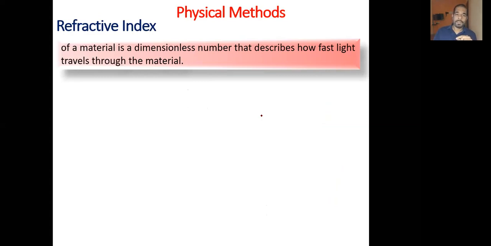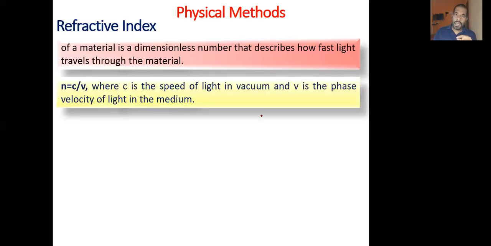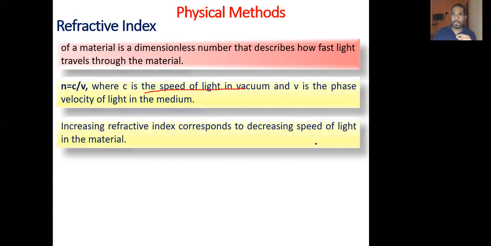The refractive index of a material is a dimensionless number that describes how fast light travels through the material, and it is calculated by n equals c upon v, where c is the speed of light in vacuum and v is the phase velocity of light in the medium. Increasing refractive index corresponds to decreasing speed of light in the material.